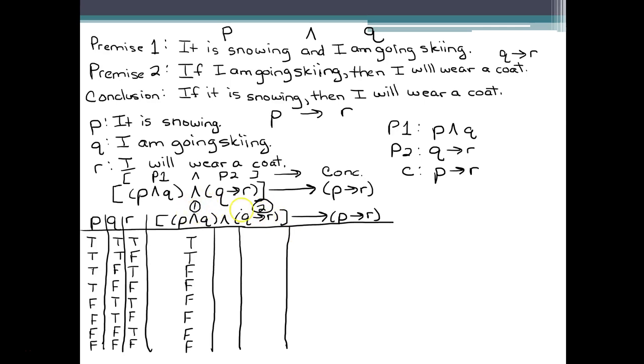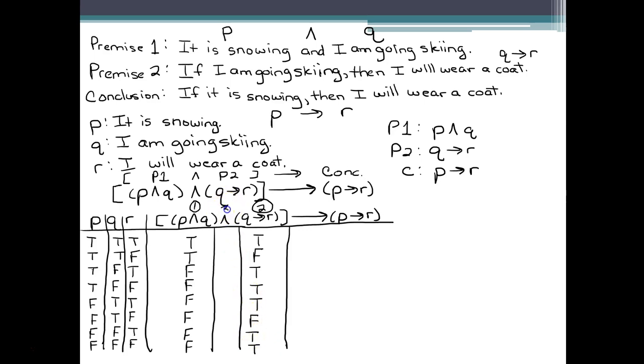So I'm putting numbers showing what order I'm doing everything in. If Q then R, T, F, T, T, T, F, T, T.